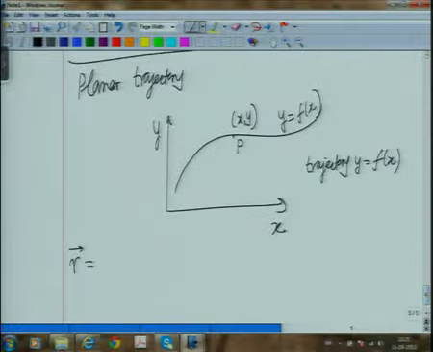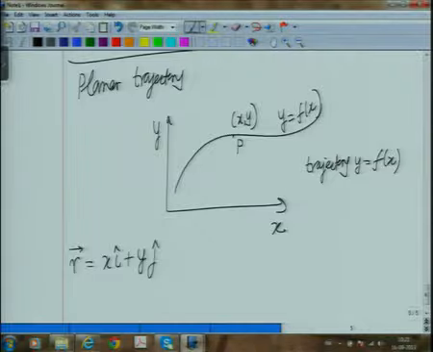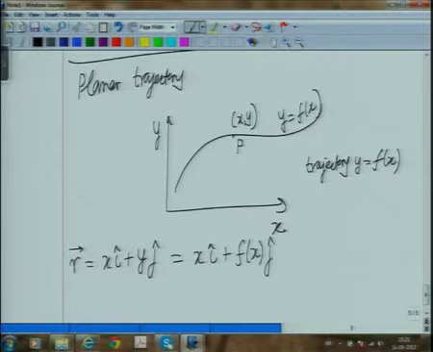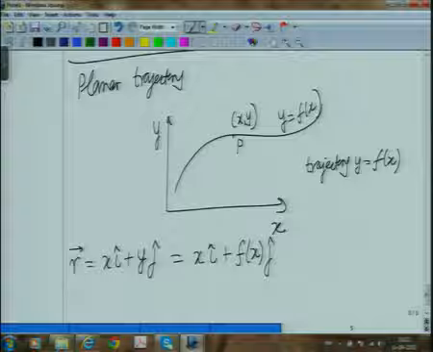first of all the r vector. This is equal to x i plus y j, and this I can write as x i plus f of x j. So now if I look at my formula, what is tau here?